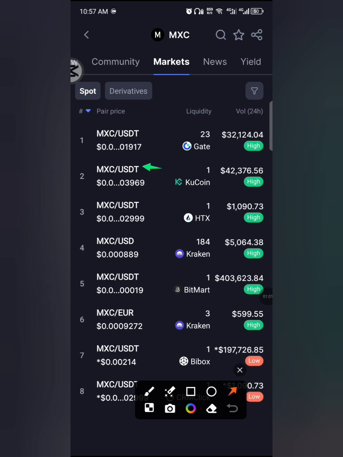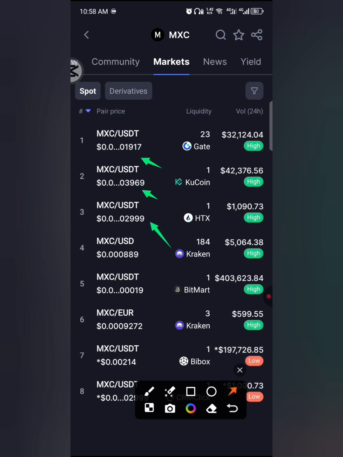Here's the price on BingX. Could you see? 0.4019.7. I'm just going to keep the 0.40 and mention only the different price. Now, can you see the price on KuCoin? The price on KuCoin is literally 2x the price on BingX.